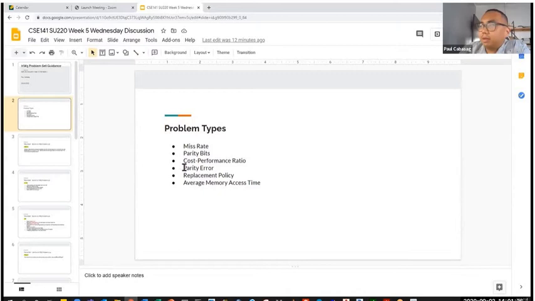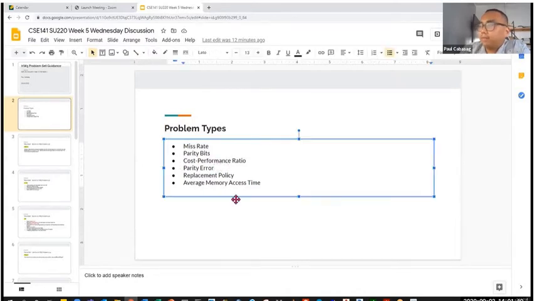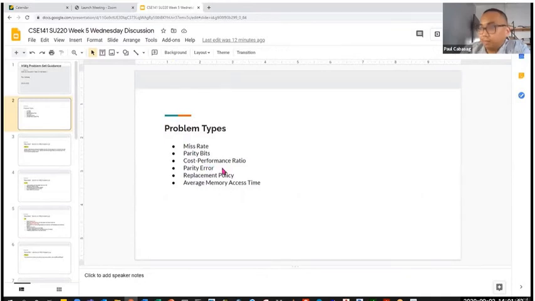And one of the good ones is parity error, how you can correct that. I'll give you some guidance, but not the full exact answers for it. I know some of the solutions will lay it out correctly before the final, so I'm hoping that can answer some of those questions.